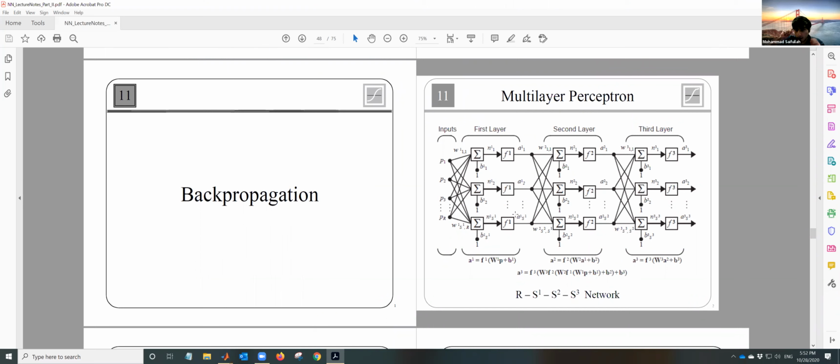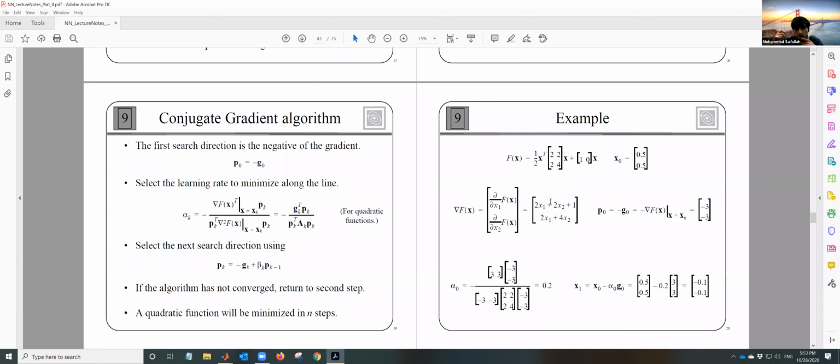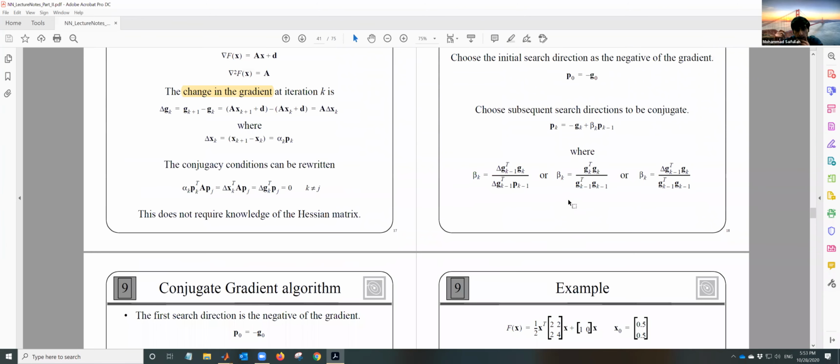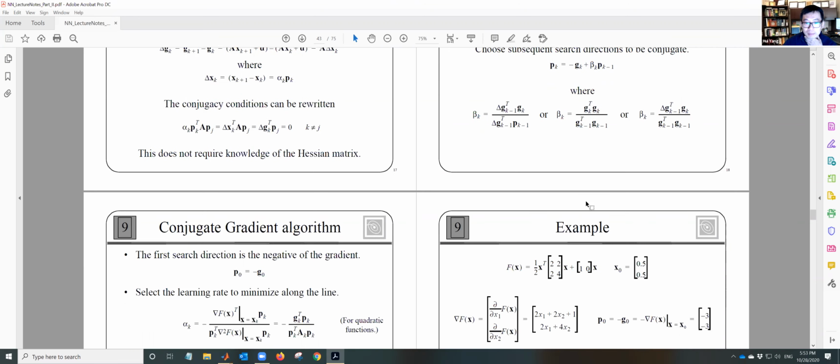I have a question regarding conjugate gradient: how do we choose the beta values? Where did it come from, the logic behind it? The logic behind it is right here. It's based on the proof. And beta has already been calculated. There are 3 different ways to do the beta, and the most often used one is the second one.